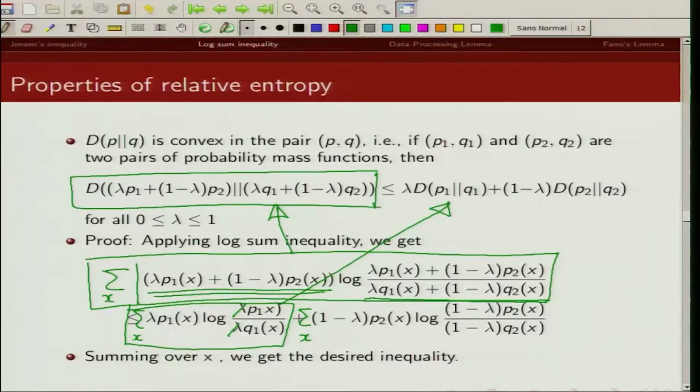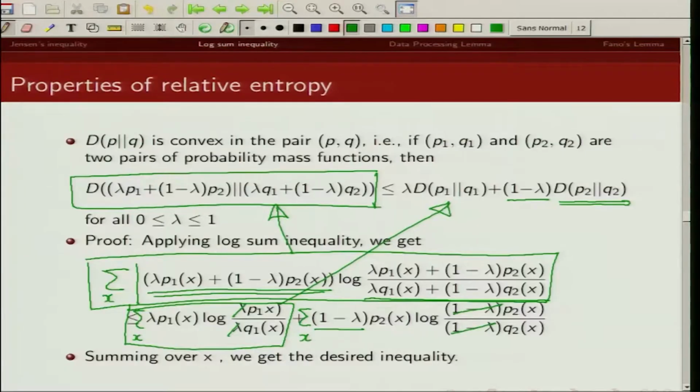What about the second quantity? It is 1 minus lambda times p2(x) log of, the 1 minus lambda cancels out. This is 1 minus lambda times the summation over x of p2(x) log of p2(x) by q2(x). So this term will be 1 minus lambda times the divergence between p2 and q2.